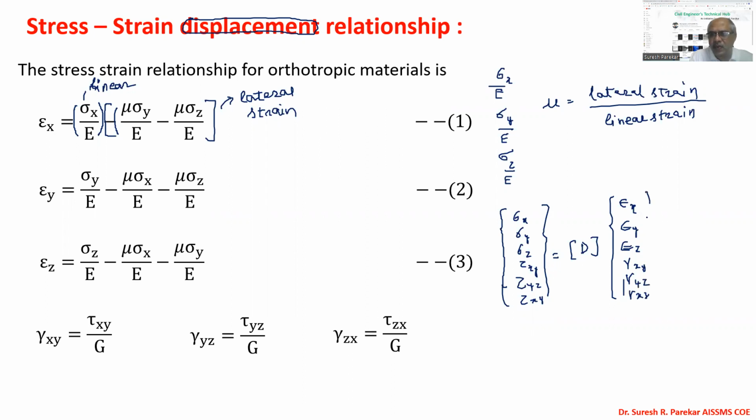So we are interested to find this D matrix. We have to find the equations for sigma x, sigma y, sigma z. Actually, tau xy, tau yz, and tau zx we can get very easily from here.